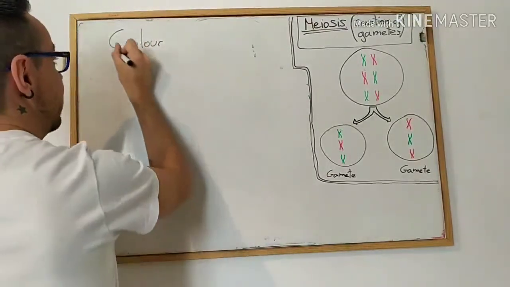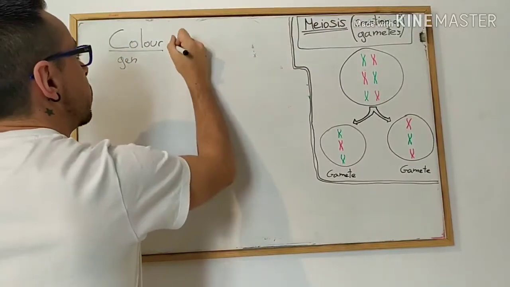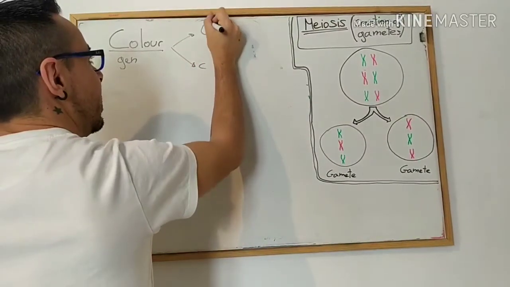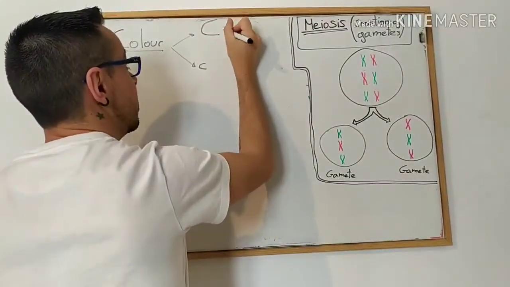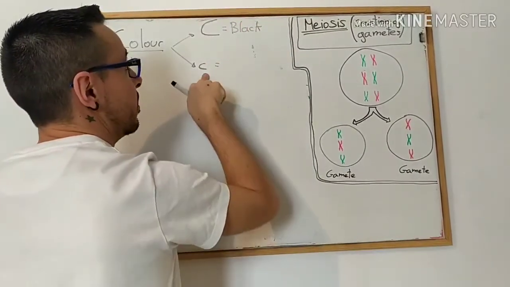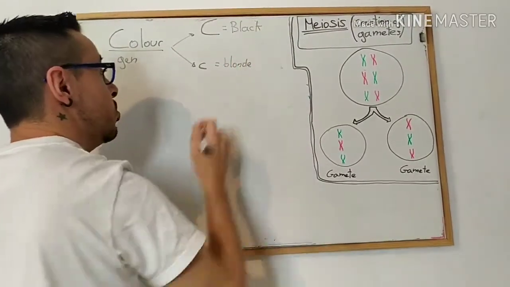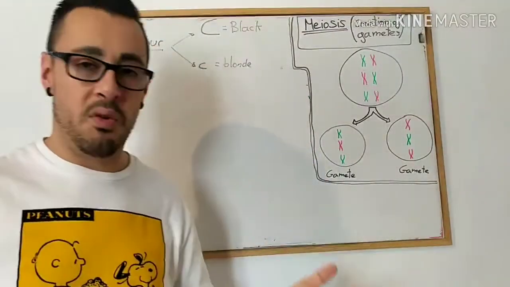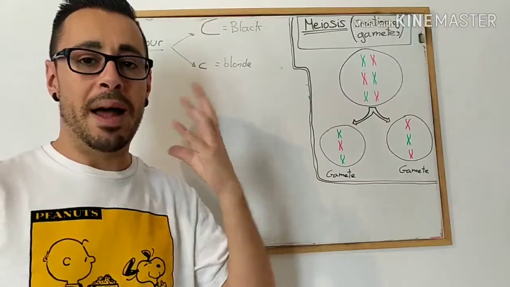This is the gene. The gene of the color of the hair can be dominant, and we represent it in capital letters, and this would be black, or recessive, and this would be blonde. Okay, you all know that some genes are stronger than others, and they are going to manifest.